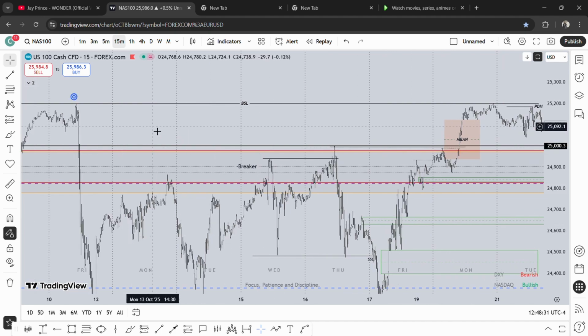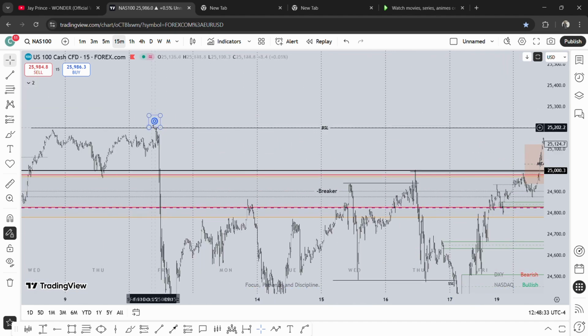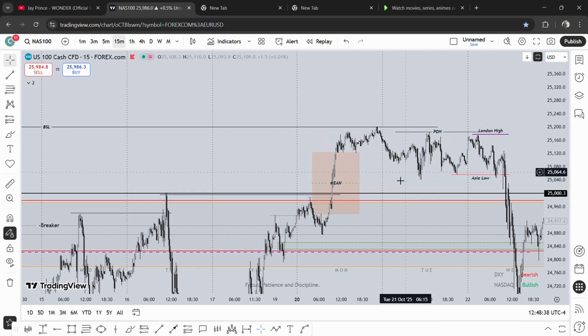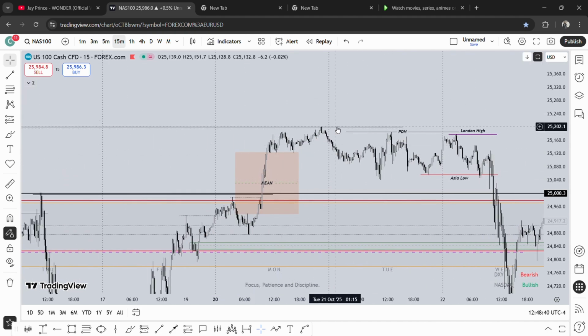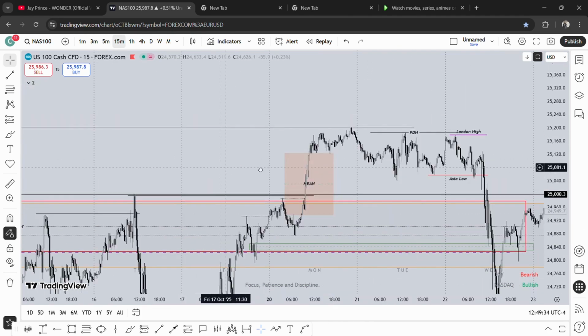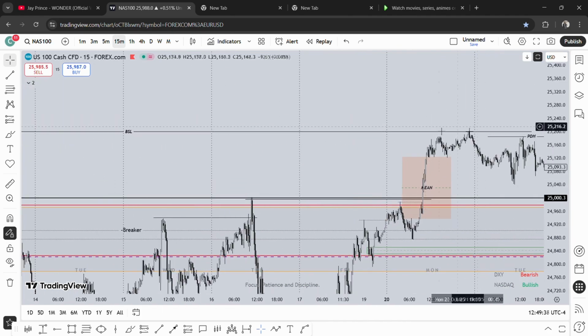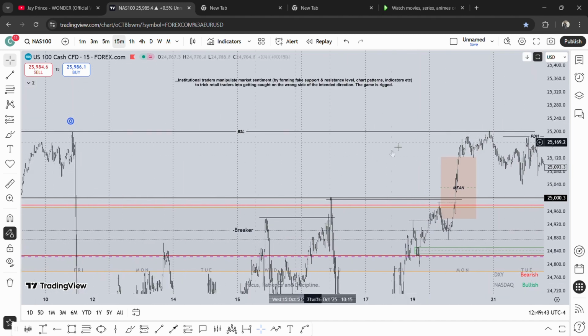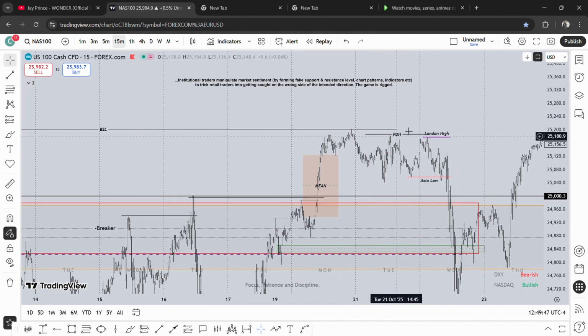What it did instead is it traded really close. Look at this. We traded very close into this, and then we started retracing back lower. The average retail trader sees this level over here as a resistance level, so they start selling.